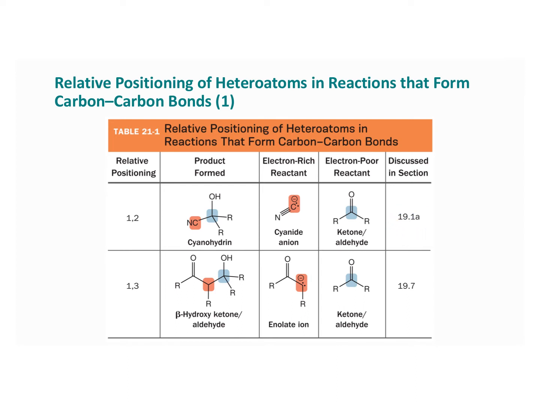So when we react a ketone or aldehyde with a cyanide anion, we get that cyanohydrin, and we form the new carbon-carbon bond here. And that's got the 1-2 positioning that we talked about, right? Now, we can also get 1-3 positioning when we react a ketone or aldehyde with an enolate ion. And so we see here that 1, 2, 3 type positioning relative to everything else around.